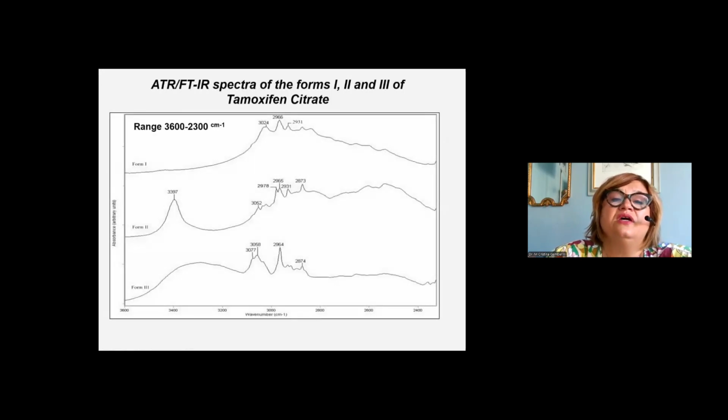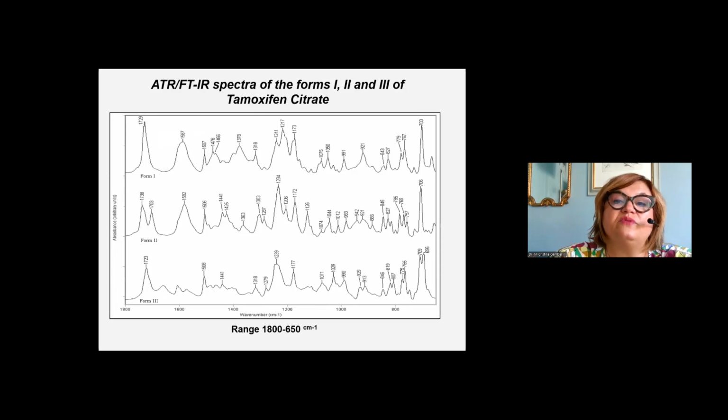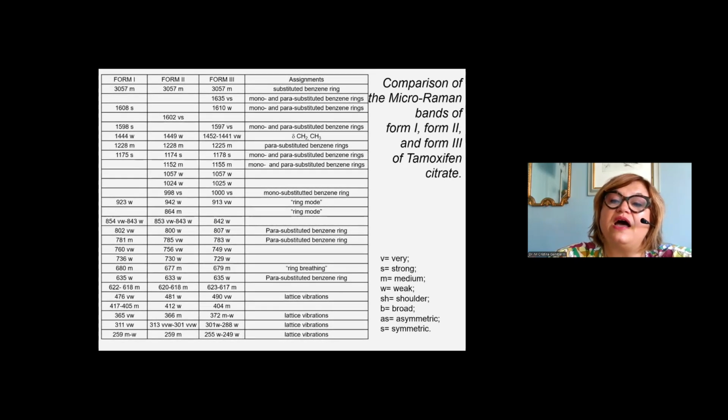So we could study with FTIR and micro-IR. In this case, we have compared all the three forms, 1, 2, and 3, and we have also done the comparison of the three forms with all the assignments. Is it easy to do?